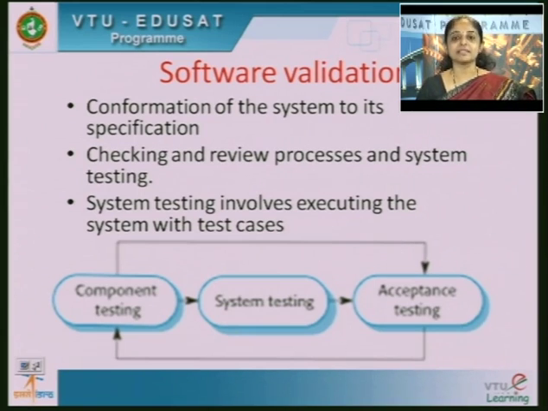After that is the acceptance testing. It is important for you to remember that acceptance testing is done when it is being accepted. You say that acceptance test is successful when the product is accepted at the user end or at the customer end. Okay.